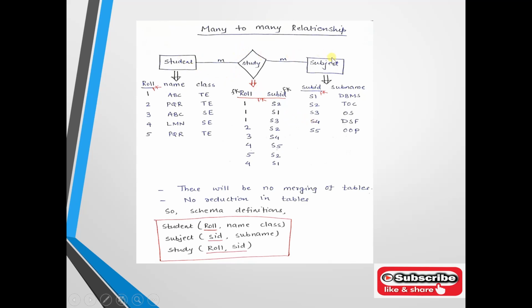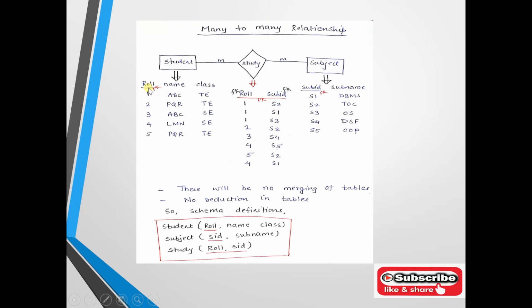When we convert this ER diagram into tables, by the rule, we can convert the student entity set, which has roll number, name and address attributes, and subject, which has subject ID and subject name attributes. When we convert these two strong entity sets into tables, that is very easy.